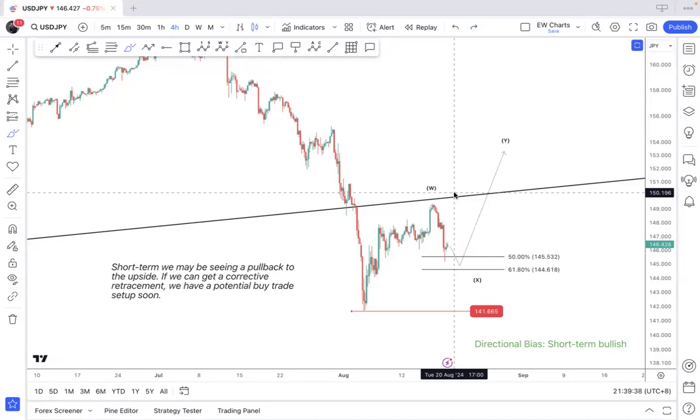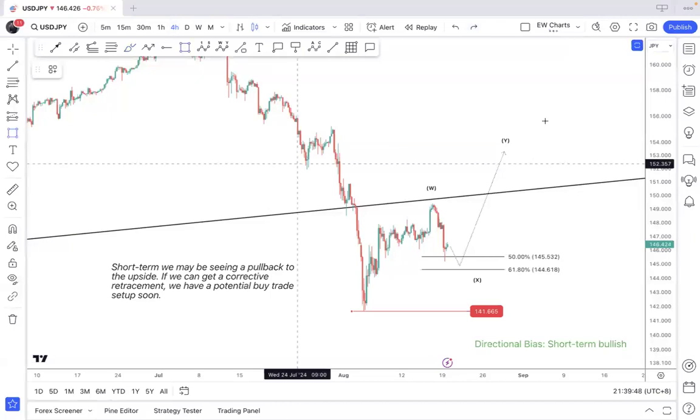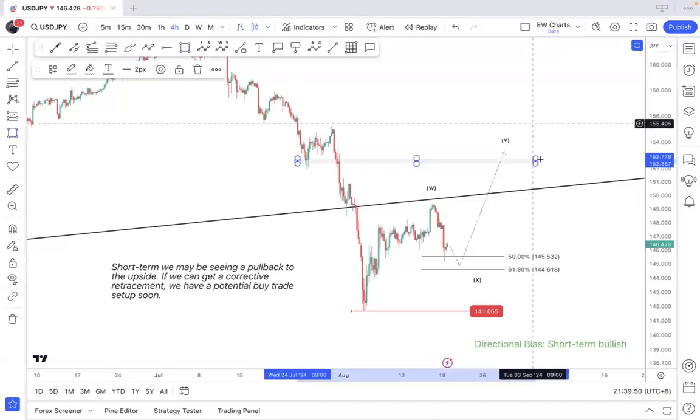If you can get a decent bounce off the 50 and 618 fib, then we can start to look out for opportunities to jump in for a buy trade. This one here with a target somewhere back towards the zone around here.